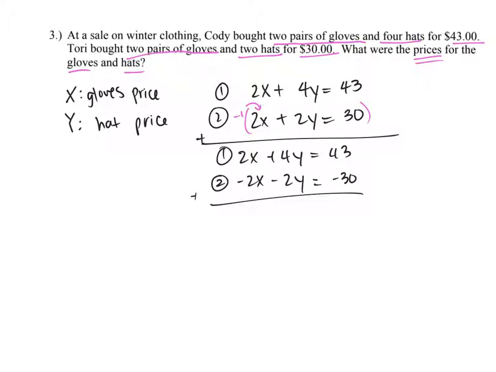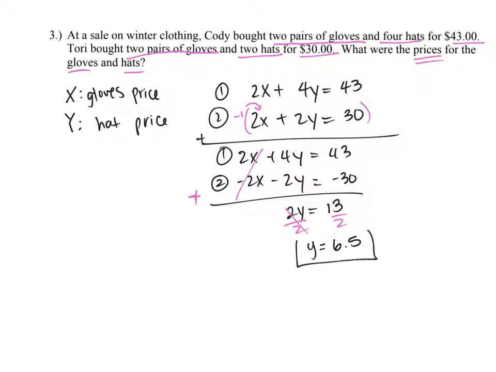And when I combine these two, I notice that the x's cancel, and then the y's, if you add them, 4y plus -2y is 2y. And then 43 plus negative 30 is 13. And so if I divide by 2, y here is going to be, 13 doesn't divide by 2 very nicely, it is going to be 6.5.